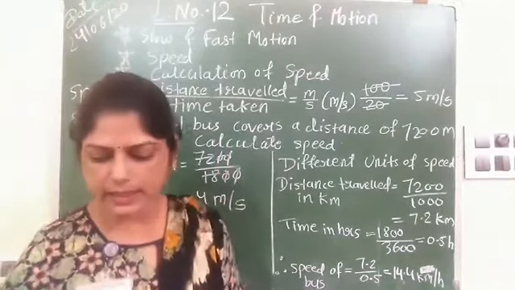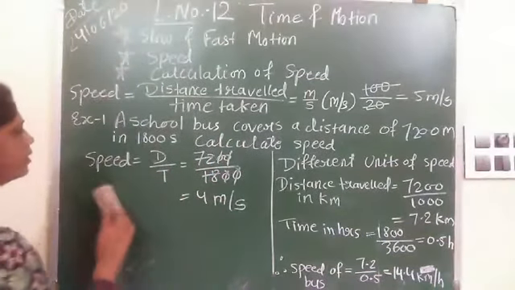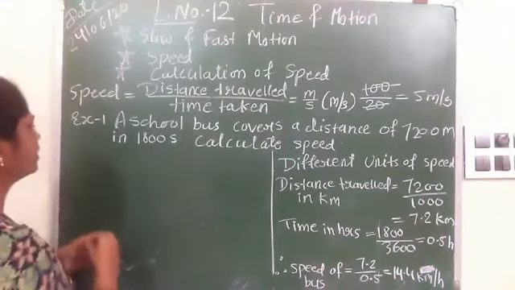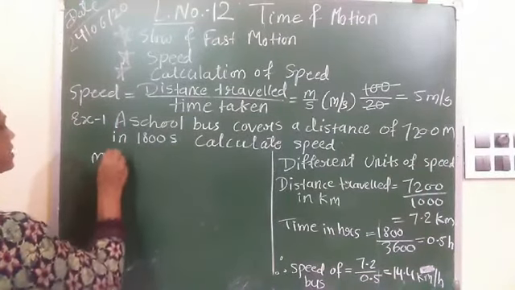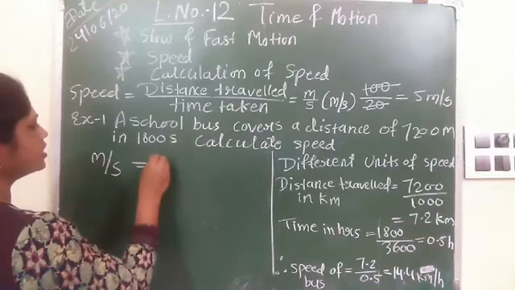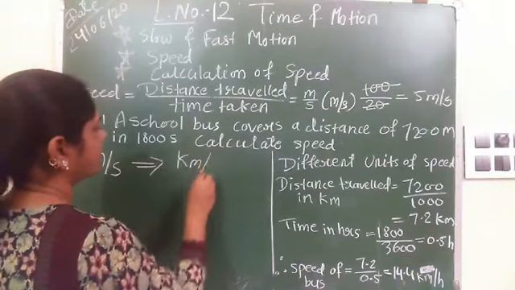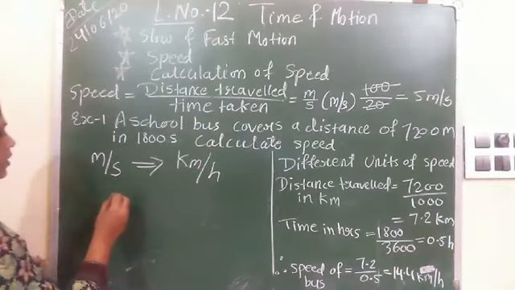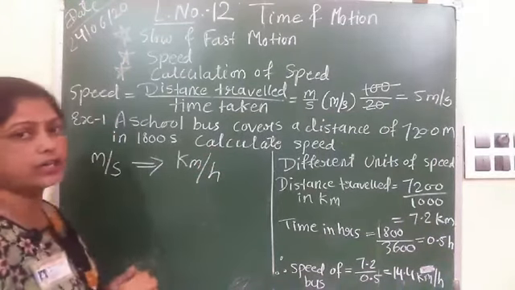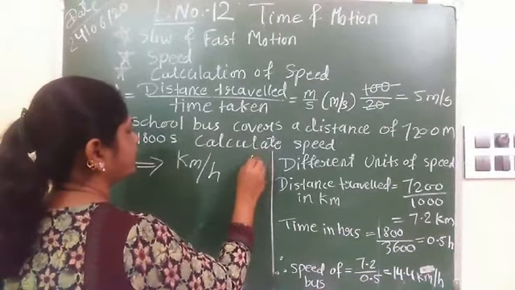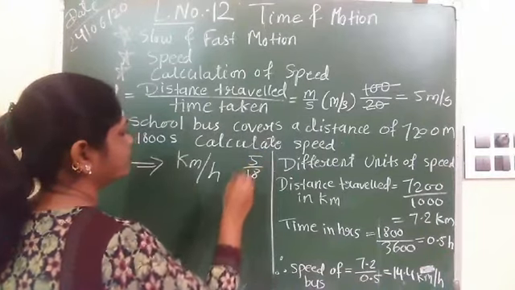So we can directly calculate. If the speed is given in meter per second, then we can change it into kilometer per hour by multiplying or dividing by 5 by 18 or 18 by 5.